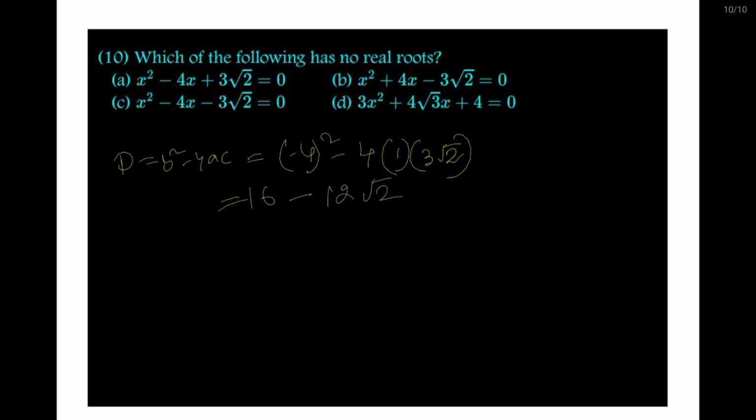And here we can see that 16 minus 12 would become something like 4, but if we multiply the value of root 2 with 12, then we can get something else actually. So let me tell you, 16 minus, if we find the value of root 2, then we get 12 into 1.414, and when these quantities are multiplied, this will become 16 minus 16.968.